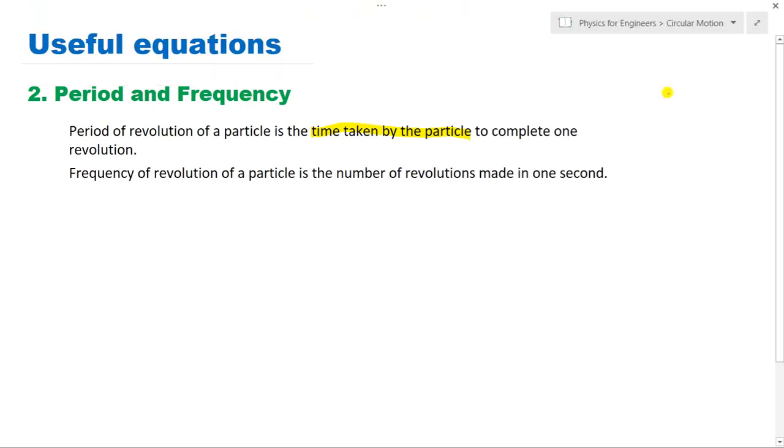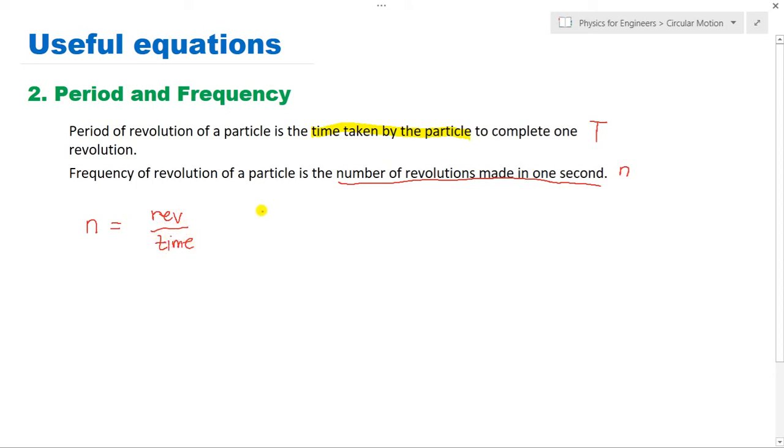We can denote this as letter T, so time. How about frequency? Frequency of revolution of a particle is the number of revolutions made in 1 second. We can denote this as letter N. So for frequency, N is equal to the number of revolutions per time.